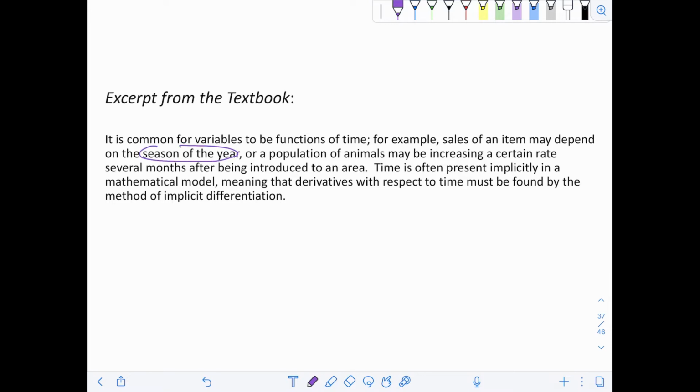A population of animals may be increasing at a certain rate several months after being introduced to an area. Time is often present implicitly in a mathematical model, meaning that derivatives with respect to time must be found by the method of implicit differentiation."